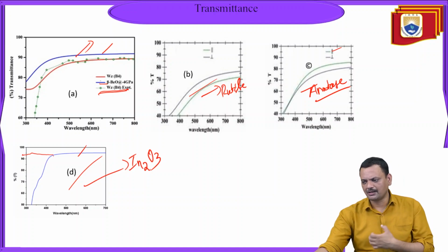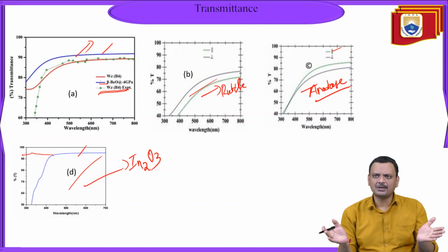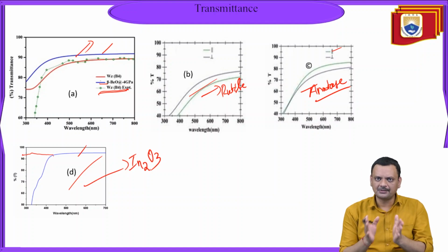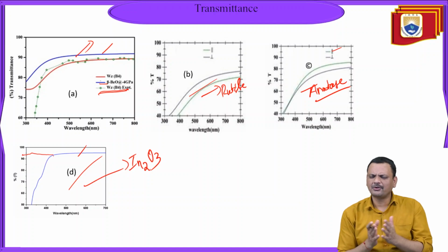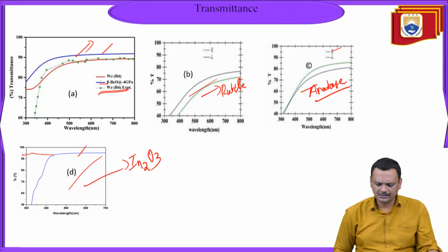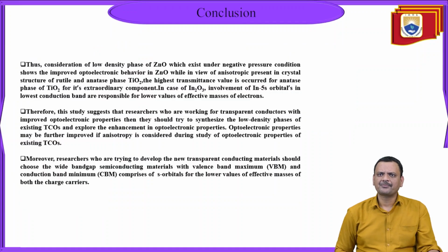So you can say that with regard to conductivity, if you want higher conductivity, you can use the beta-BeO phase. But if you have any concern with transparency, you can go for the well-established indium oxide phase. Okay, so that's all for my discussion today.